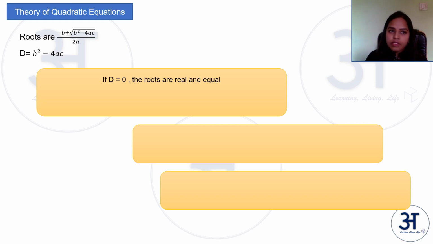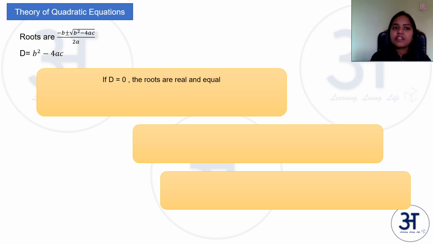If d is equal to 0, so if this b square minus 4ac is equal to 0, the expression under the square root is 0. In that case, both of your roots are minus b by 2a, right? So the roots are real and equal, and they are equal to minus b by 2a. Now let us take a case where d is greater than 0.